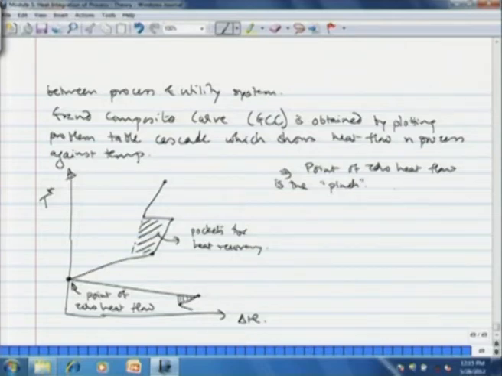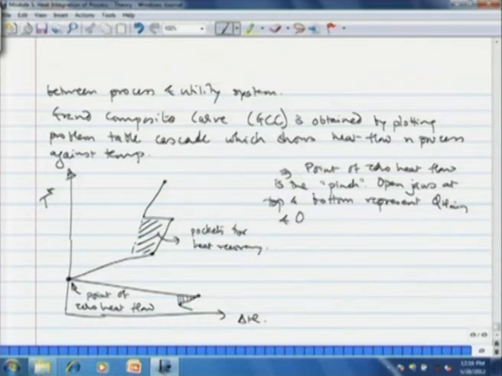And the open jaws at the top and bottom represent QH min and QC min. Now the heat sink above pinch and heat source below pinch can be identified with this. Okay, so that point we are noting. Open jaws at top and bottom represent QH min and QC min.